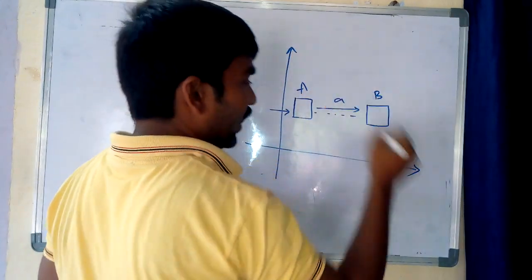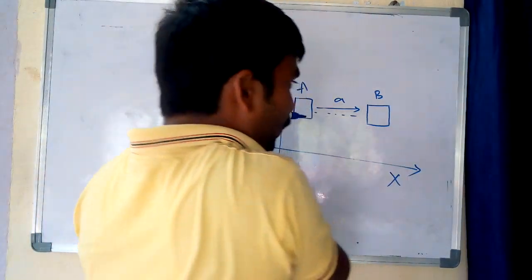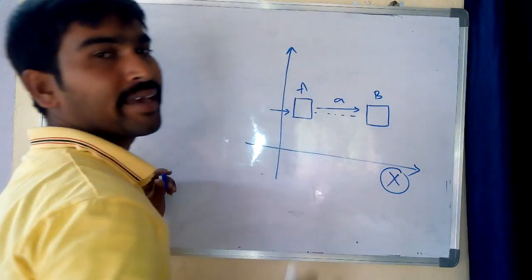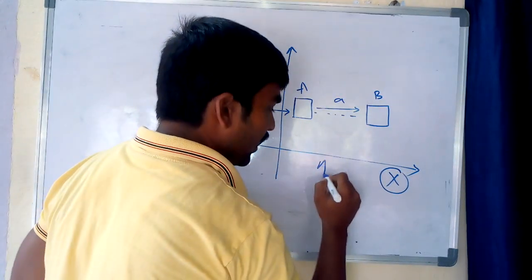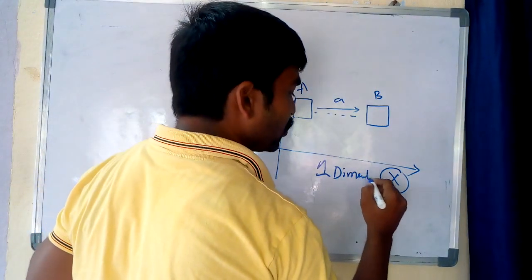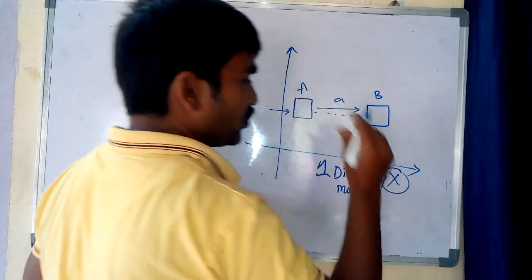It is due to the x direction. This is the path along the x direction. It is considered only in the x direction. Here we are taking only 1D, only one dimensional motion. This is called one dimensional motion.